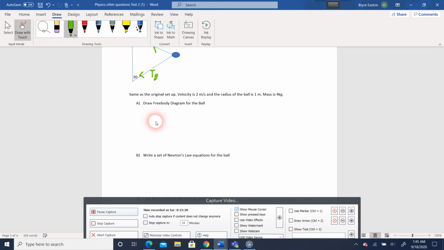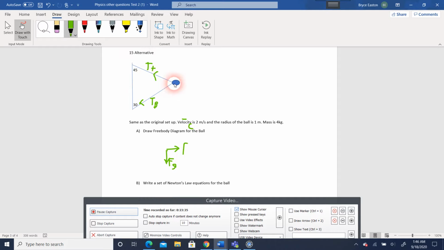But first, let's set up a free body diagram. So we got the ball here, we got force gravity going down. There will actually be no force normal, since it's not touching any surface. We will have Fc, since it's spinning around, and this would be the outside of the radius.